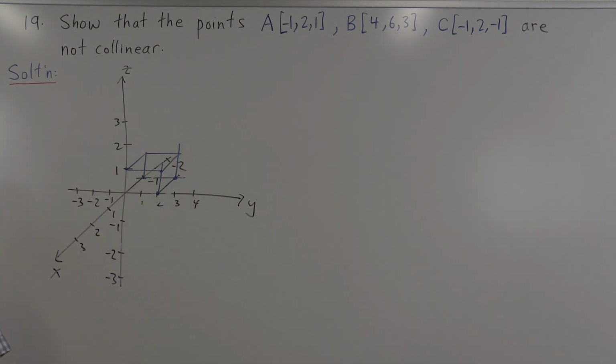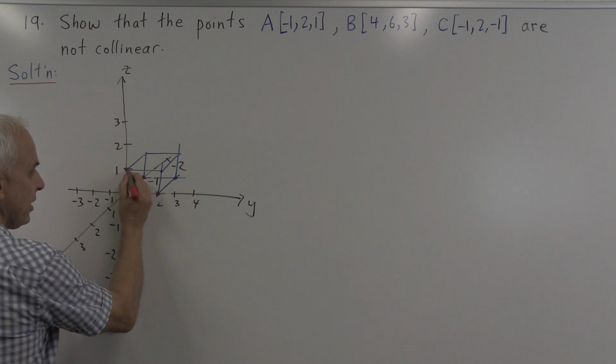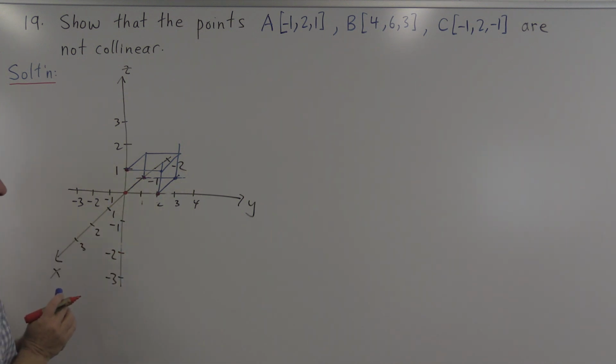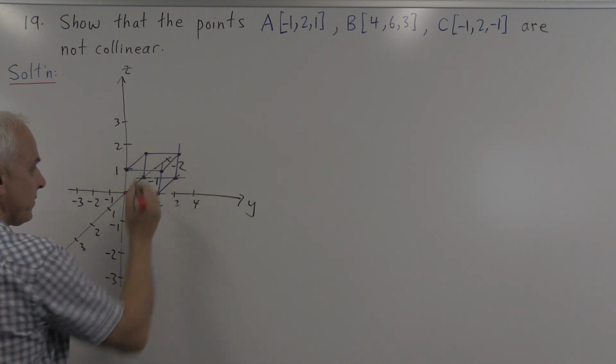So hopefully you can see a box there whose vertices are the origin, these 3 coordinate positions on the axes, and then these other vertices of the box.